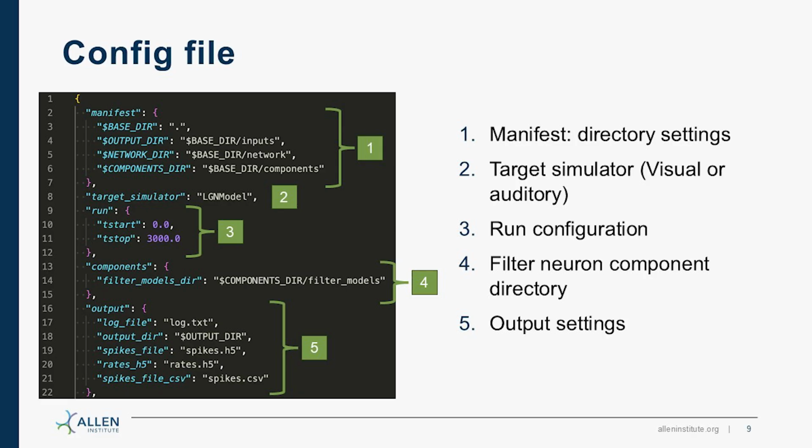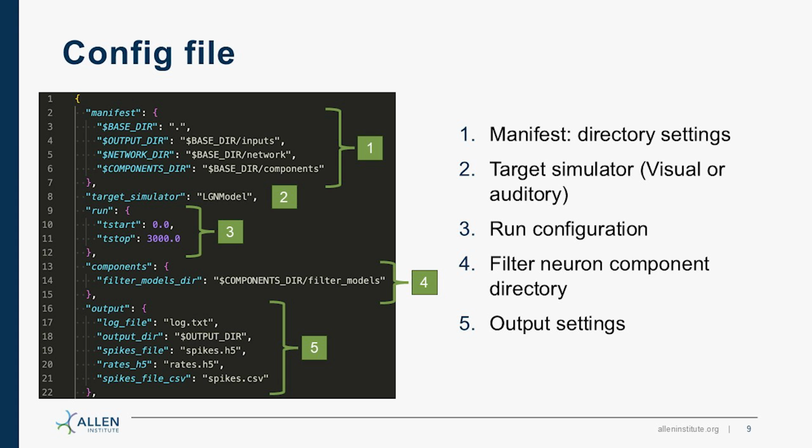The target simulator will be the LGN model. You start at 0 seconds, you run for 3,000 milliseconds, so the units here are milliseconds. So it's 3 seconds. Components are in the filter models folder. And here are the output settings. You want a log file. You want it to be in the output directory. And then there are two possible outputs for the model. One is spikes, which is what we want to feed into the next model.